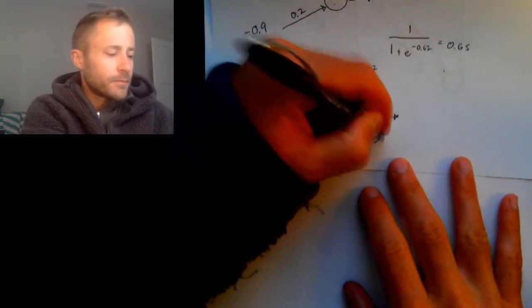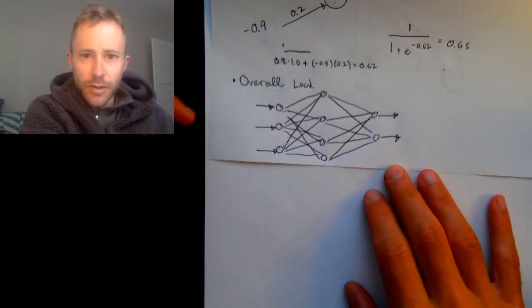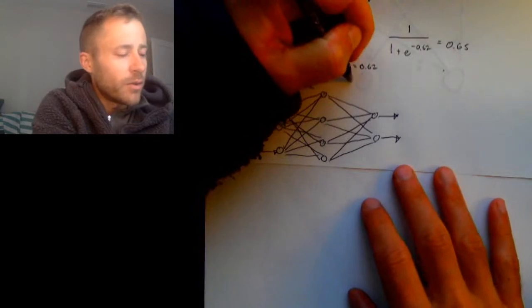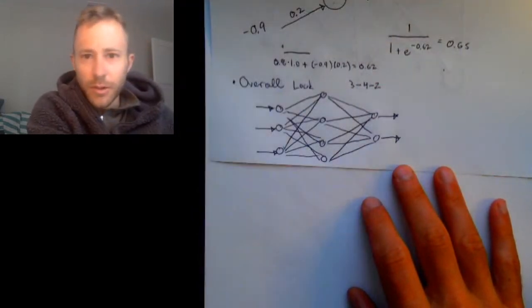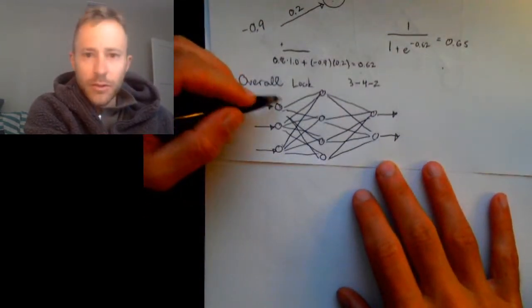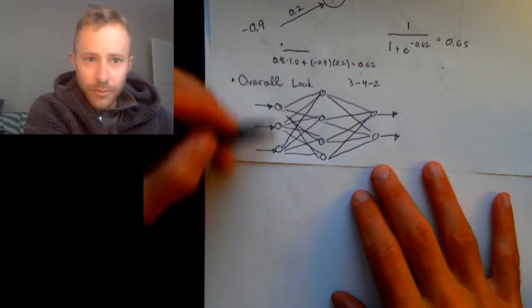So what we have here is a picture of a neural network. This is a so-called 3-4-2 neural network. Okay. So basically the nodes are arranged in layers.